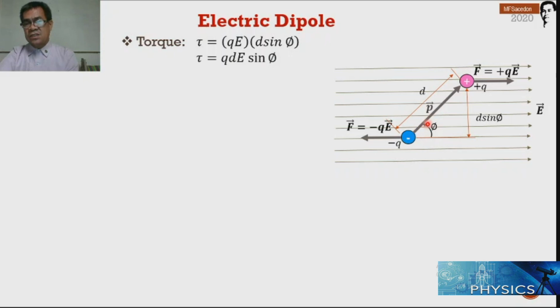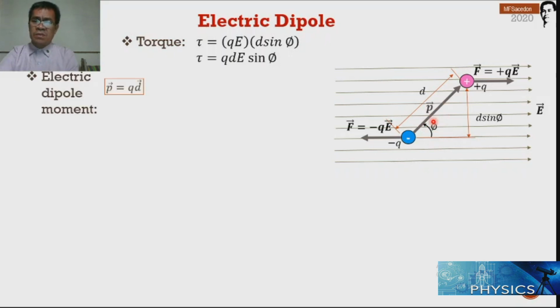Now notice that this angle keeps on reducing until it arrives at the direction of the electric field. So we can say that the torque is a negative torque because it reduces the angle until 0.